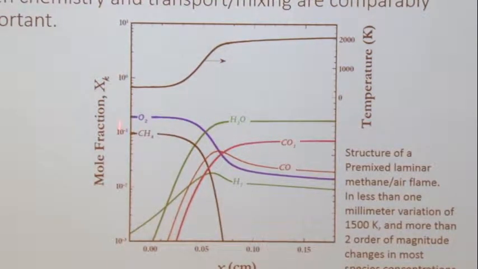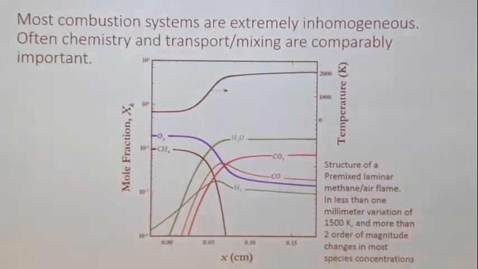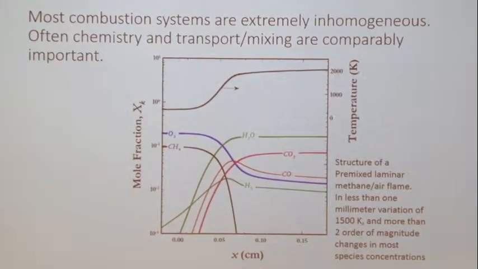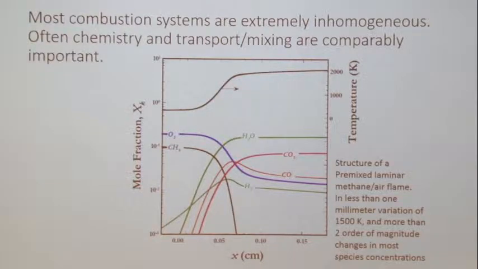This is a log plot. So you're getting order of magnitude changes on the scale of hundreds of microns in a flame. And so it is not homogeneous. The concentrations are wildly different in different locations in a combustion system, usually. Not always. There's some cases where you can make it really well mixed, but most of the time, unless you try really hard, it's going to be really inhomogeneous.